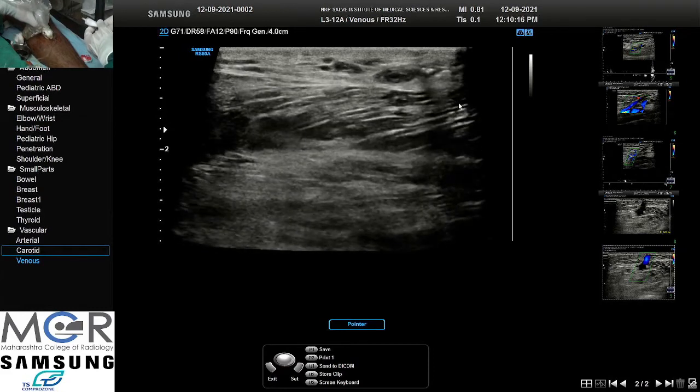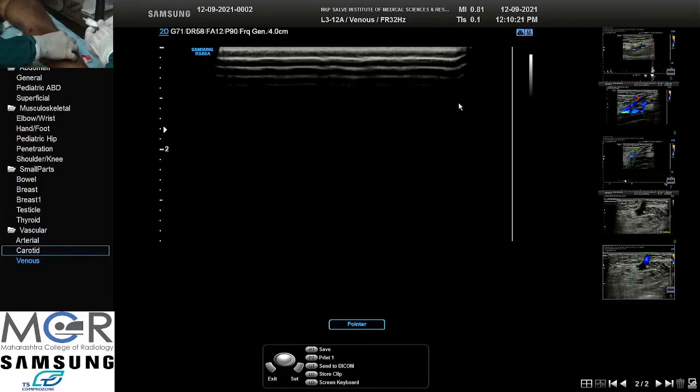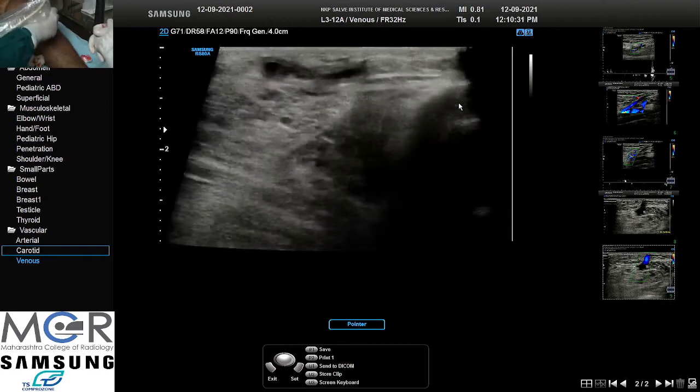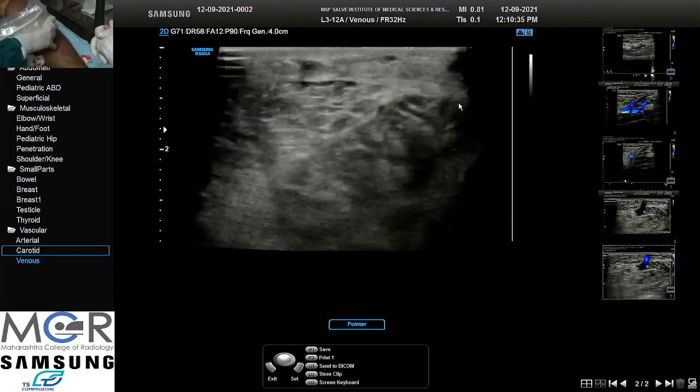Okay, so no need for sclerotherapy in this patient. Otherwise, we just inject the foam and give compression after that for about 2 minutes. While injecting, we do it under guidance and try to see where it is going.